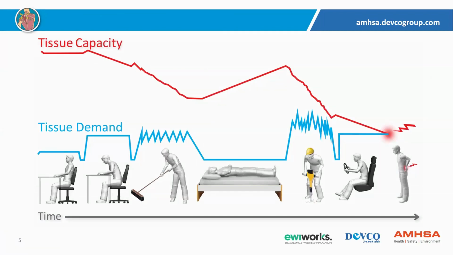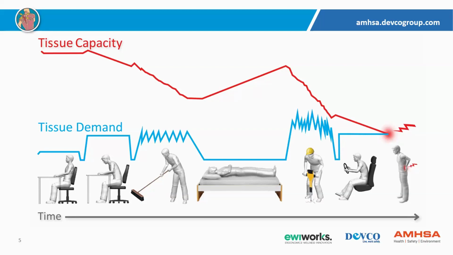So how these injuries develop, and this is just giving you a high level example. If you think of the red line at the top as being your tissue's capacity, and we're talking soft tissue here, so muscles, tendons, ligaments, and the blue line at the bottom is the demand that's placed on those tissues.